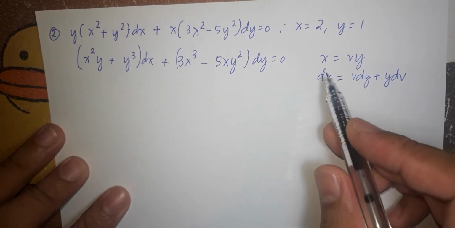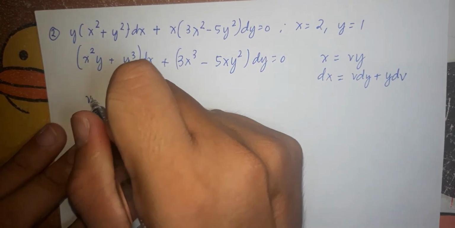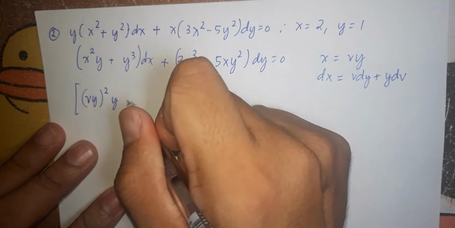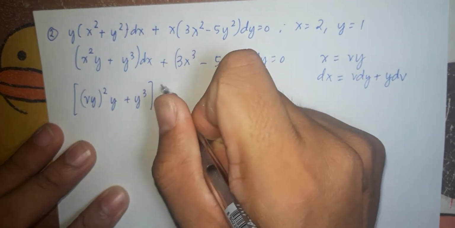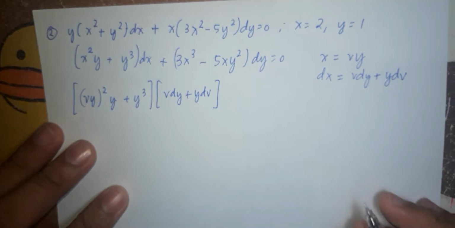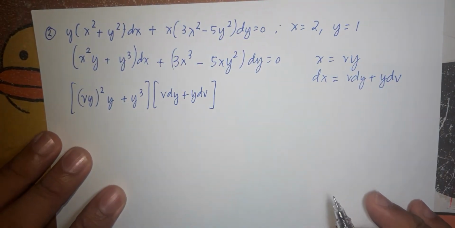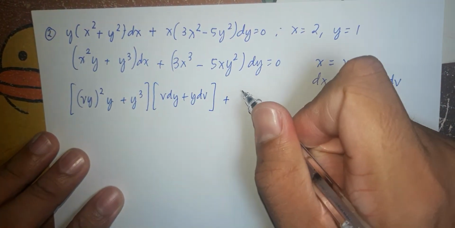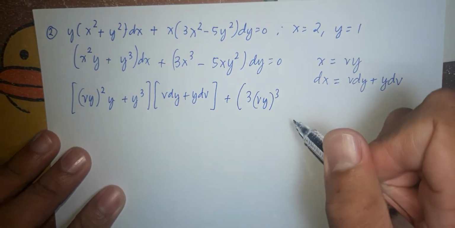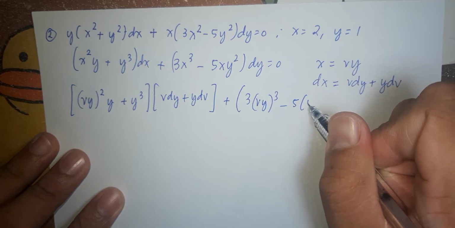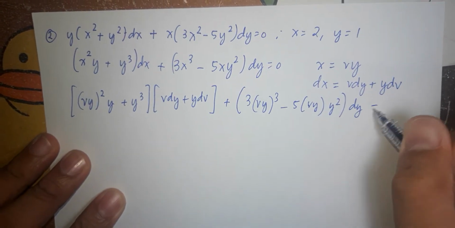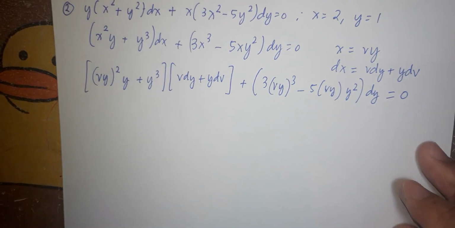So, replacing x with vy, that gives you (vy squared y plus y cubed)(v dy plus y dv) for dx, plus the quantity (3 vy cubed minus 5 times vy multiplied by y squared) dy is equal to 0.